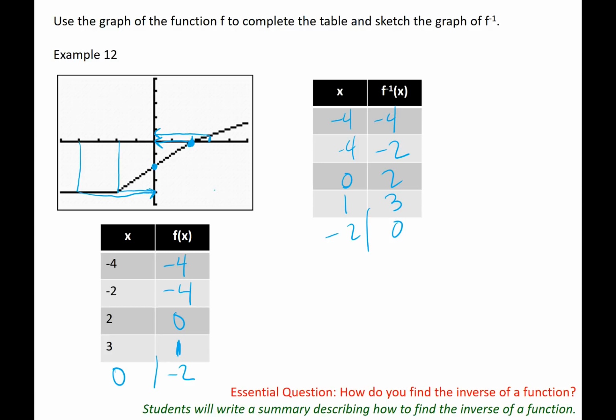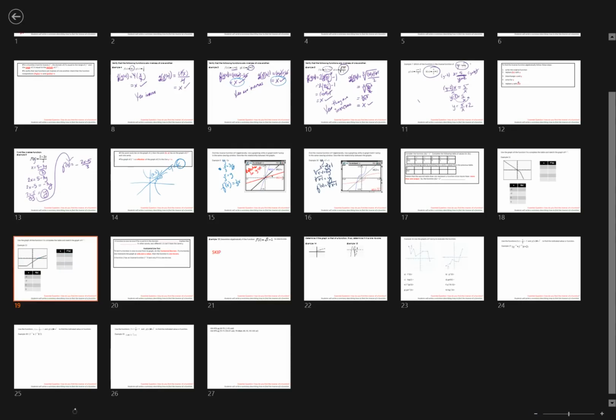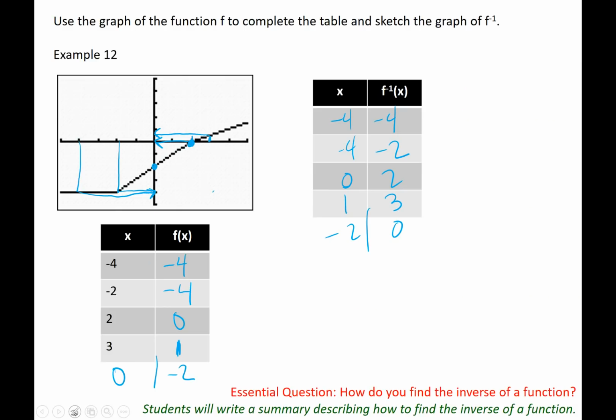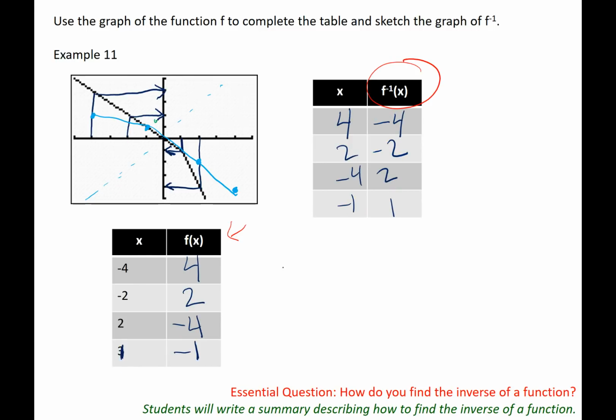All right, so let's see. I need to change colors. Whoops, that's not what I wanted to do. All right, so we're going to do green. So I'm going to try plotting these. So I'm out -4 and down -4. And then I am out -4 and down 2. And I am out 0 and up 2.